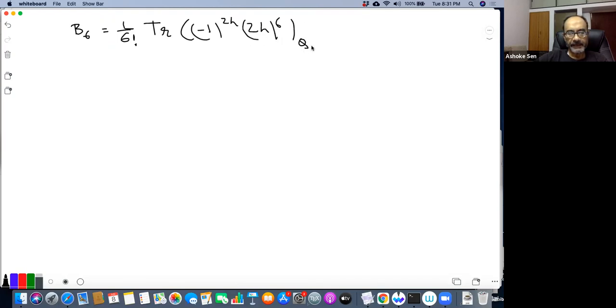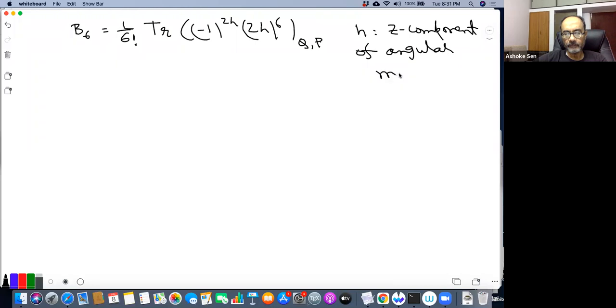This trace is taken at a fixed charge, and in the center of mass frame, so that the spatial components of the total momentum vanish. h is the z component, the third component, of angular momentum. (-1)^{2h} you can also recognize as (-1)^F.